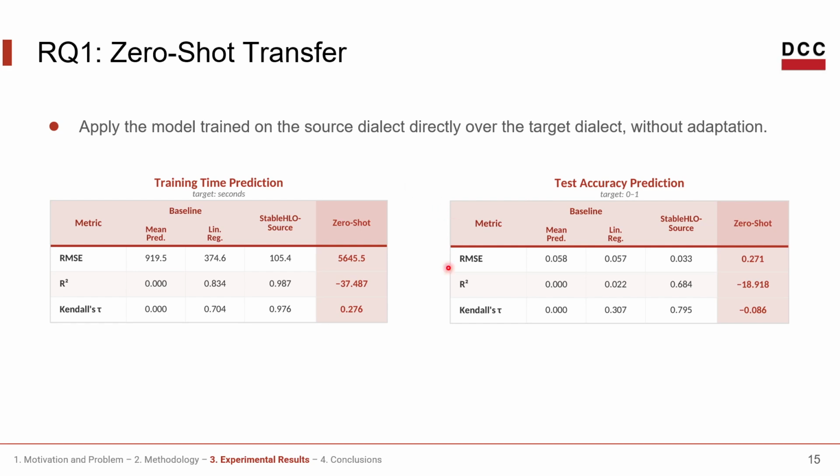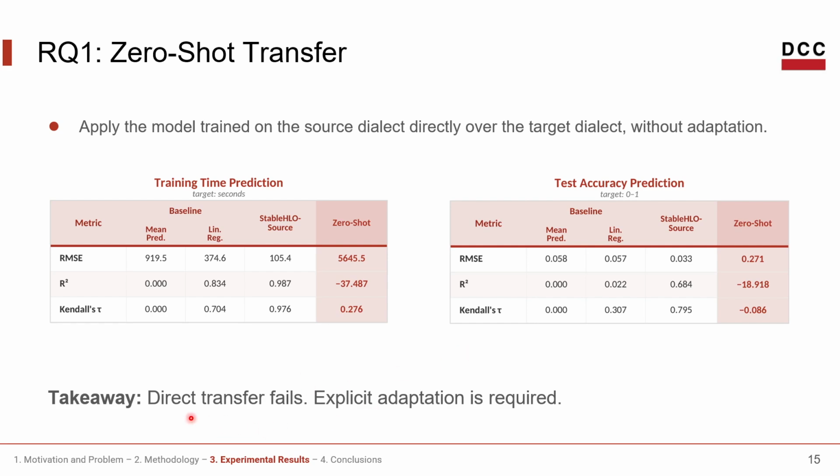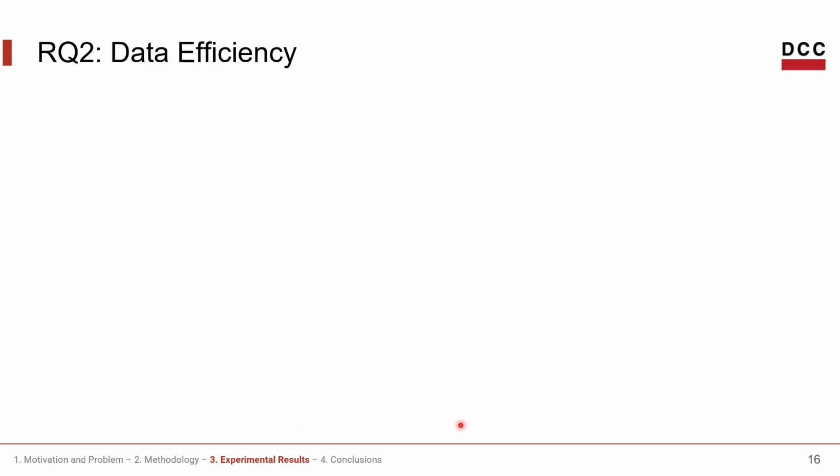I'm not going to go into too much detail here. But as you can quickly see in these columns right here, the zero-shot transfer just does not provide much meaningful results. So the takeaway is basically that direct transfer fails and some explicit adaptation is required.